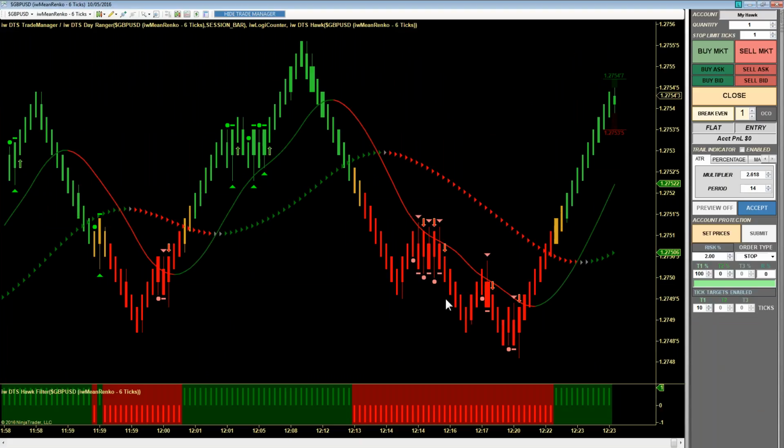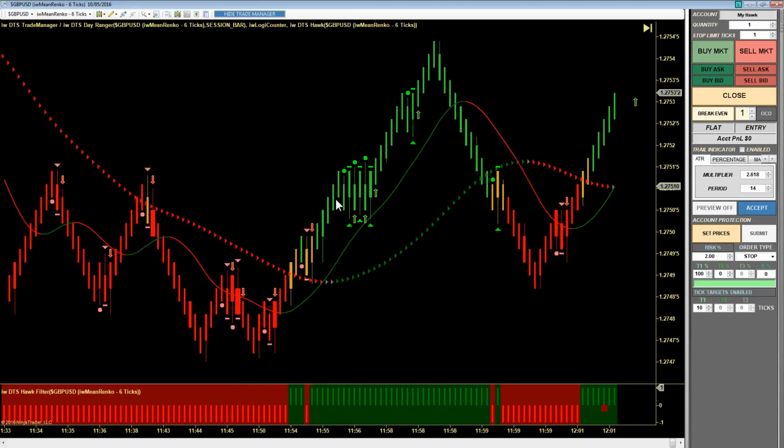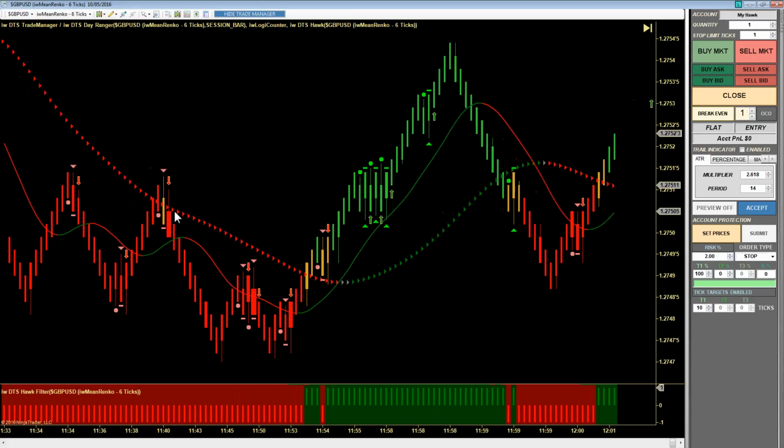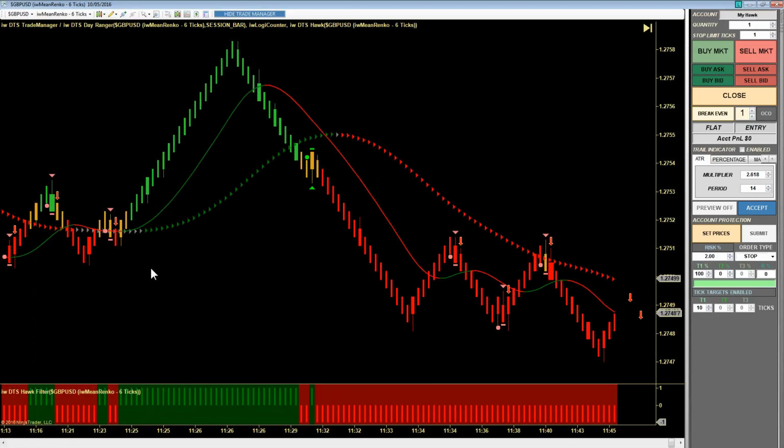So here's the pound US pair. You can see here's a first micro-macro cross signal. Here was a first micro-macro cross signal. Here's another first micro-macro cross. Here's a macro pullback signal. So you can see the signals are still printing.